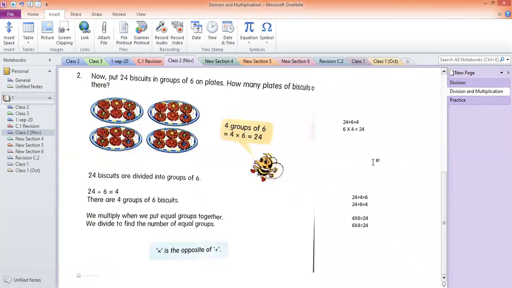If I say 4 multiplied by 6 equals 24, and I ask you 24 divided by 6 equals what? You can tell me the answer, because 4 multiplied by 6 equals 24. So 4 is the answer, that 24 divided by 6 equals 4.